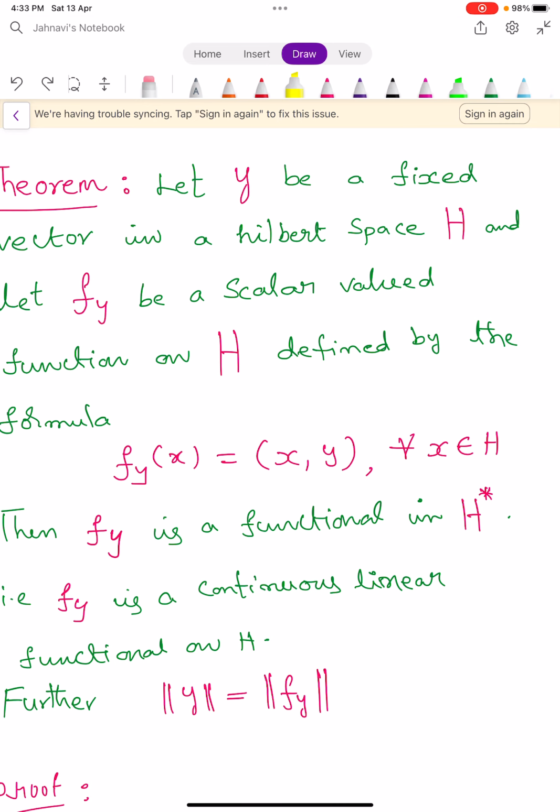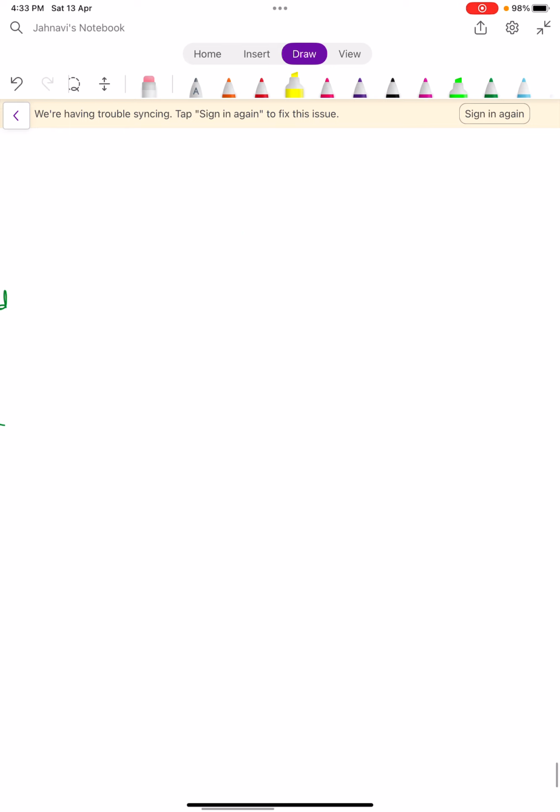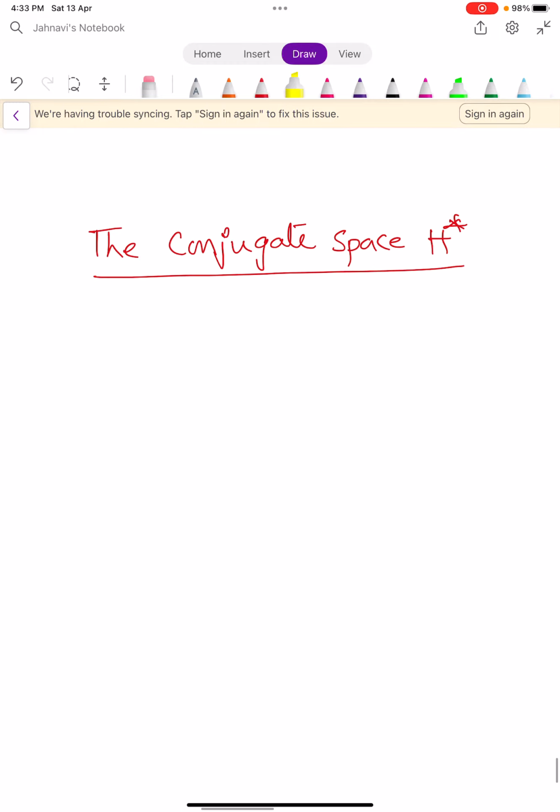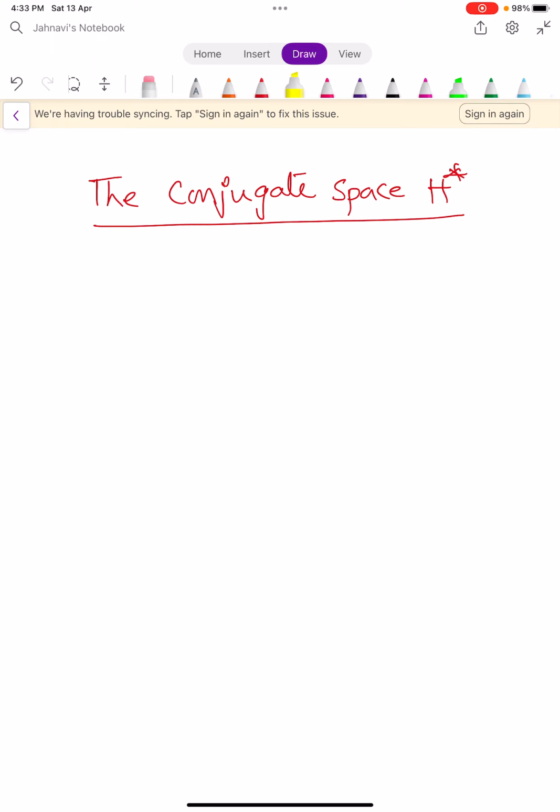Before going to prove the theorem, we learn about this symbol H star. This H star is known as the conjugate space. Let us study something about this H star.